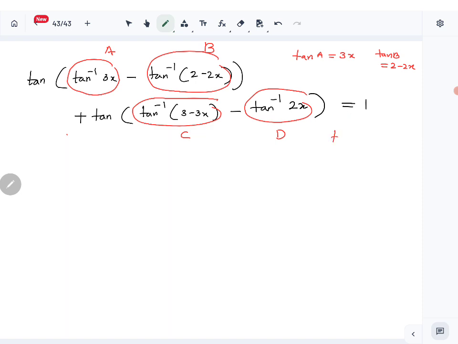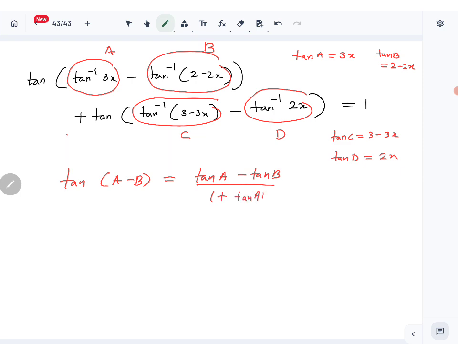So tan c is 3 minus 3x and tan d is 2x. So apply the formula we learned: tan a minus b is tan a minus tan b over 1 plus tan a tan b. We'll apply this tan difference formula for both of these terms and simplify.